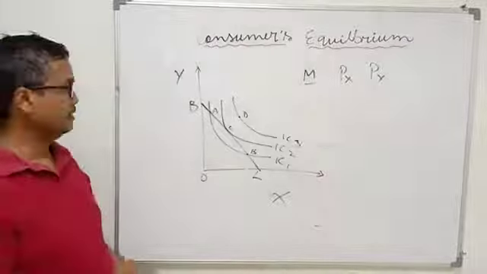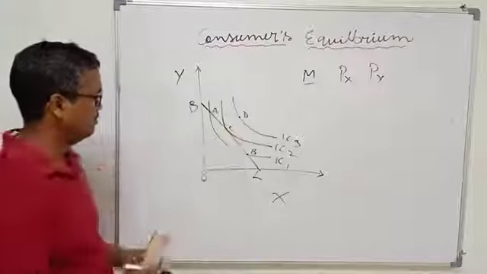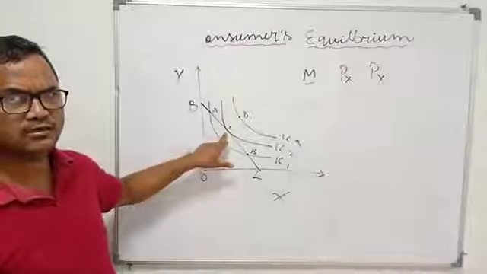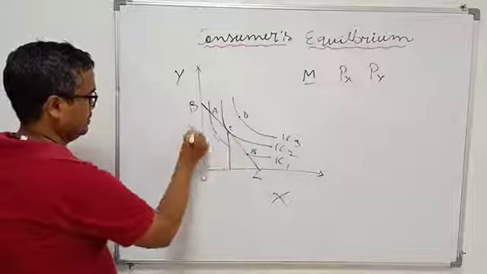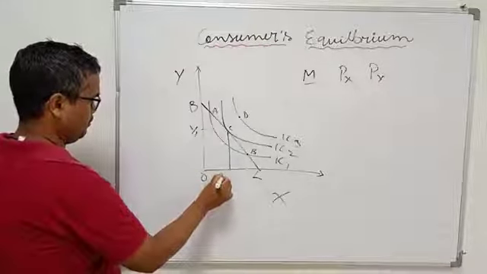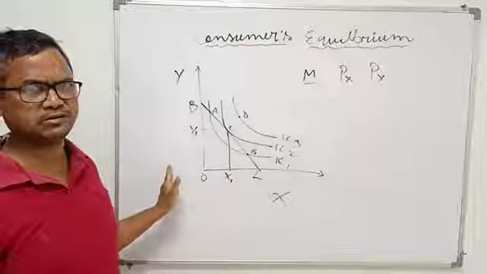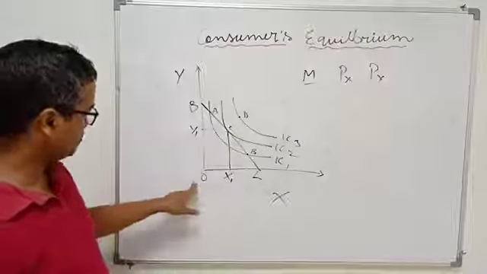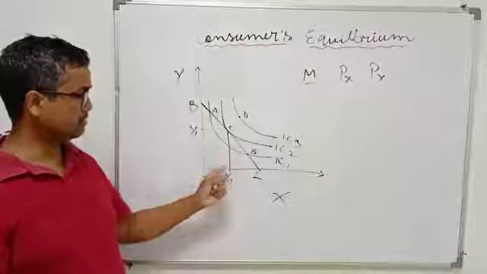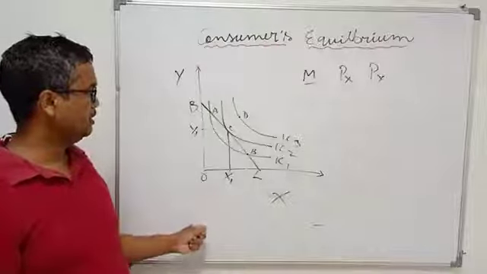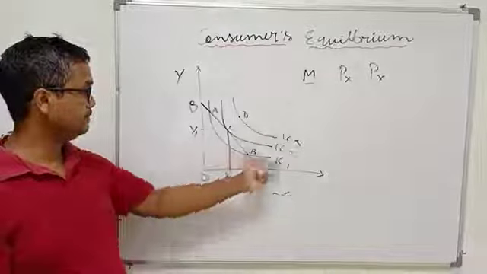Then the consumer can choose combination C. C means just OY1 of Y good and OX1 of X good. If this combination is chosen, the satisfaction level will be measured by indifference curve IC2, which is higher than IC1.